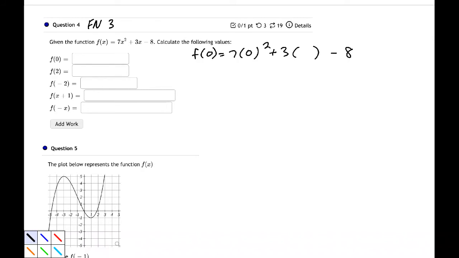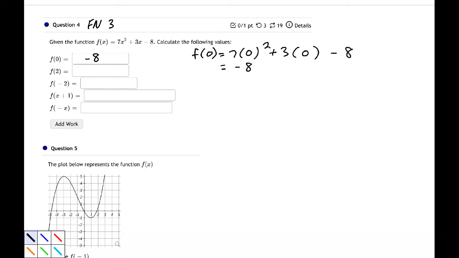So 7 times 0 quantity squared plus 3 times 0 quantity minus 8. And using a calculator or just some mental math, you can see that this is going to be equal to minus 8. So f of 0 equals minus 8. That'll be our first blank of this question.